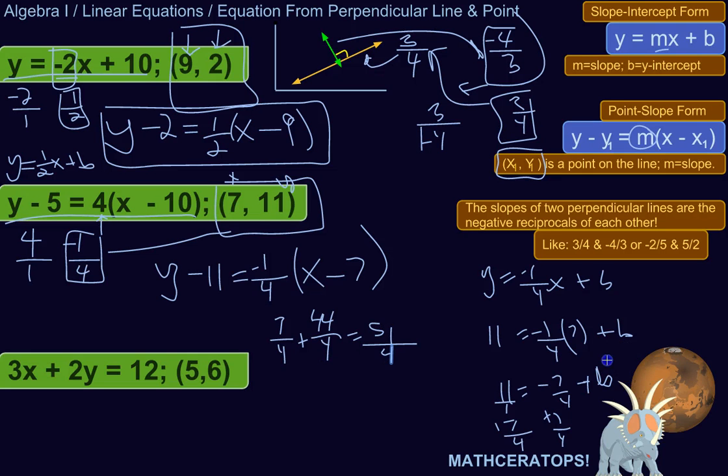So now I know what b is. I just solved for b. Now I can go back here where I had my partial equation and write it with all its information. So y equals negative 1/4 x plus b, which is 51/4.